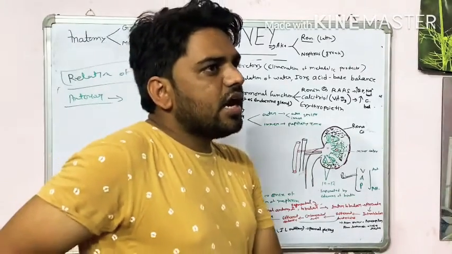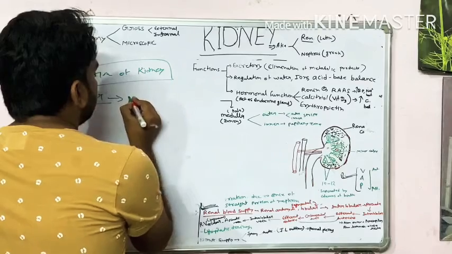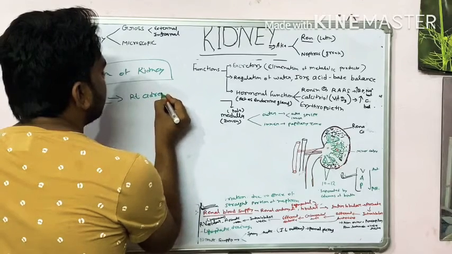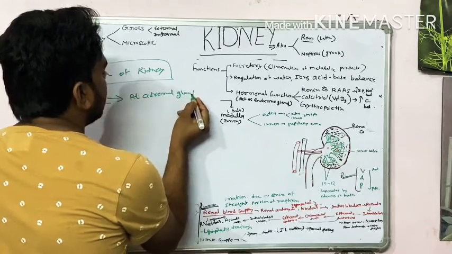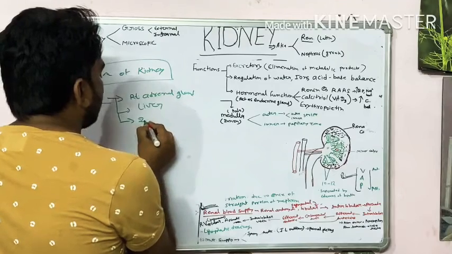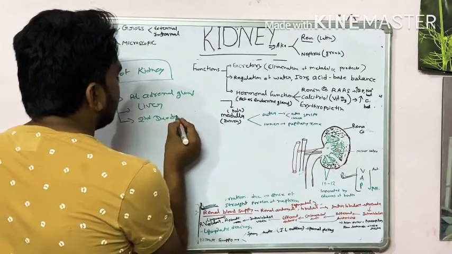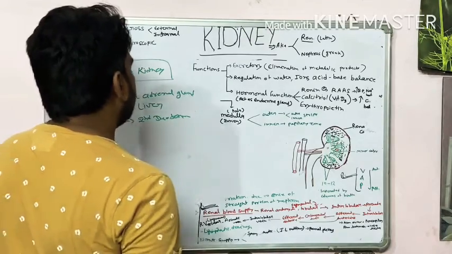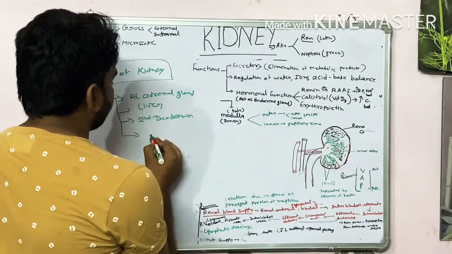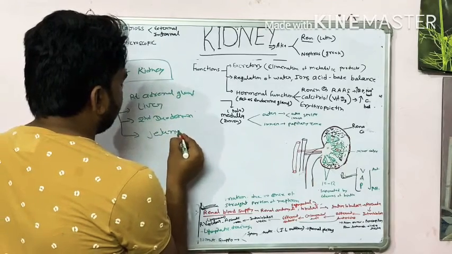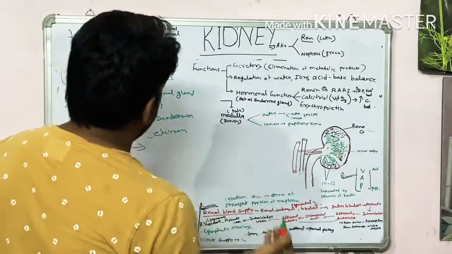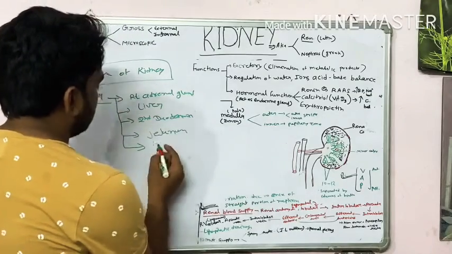On the right side, the right kidney is related to the right adrenal gland, then liver, then second part of duodenum, then jejunum, then colon.